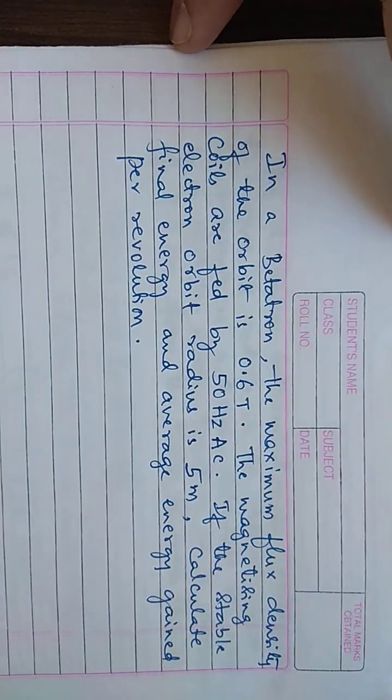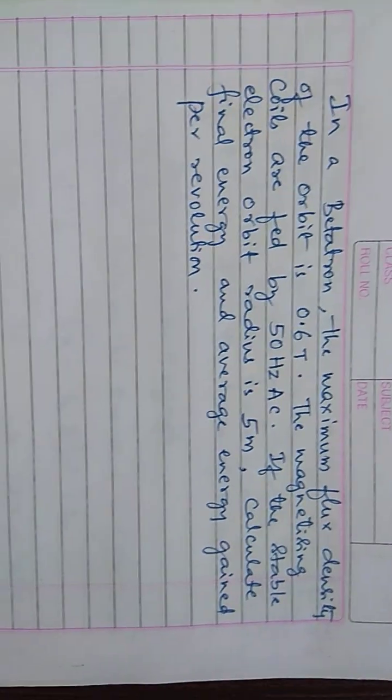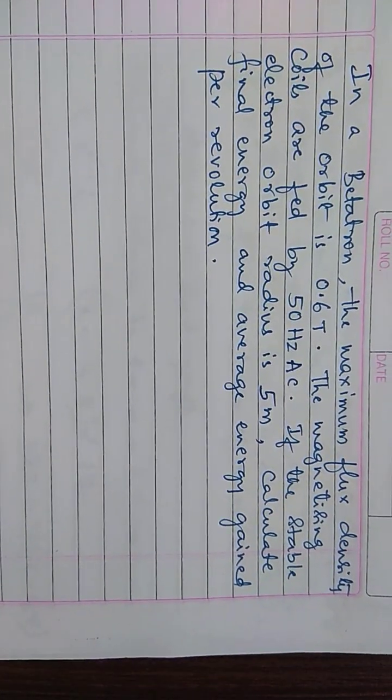This is the next question, taken from Betatron. In a Betatron, the maximum flux density of the orbit is 0.6 Tesla.